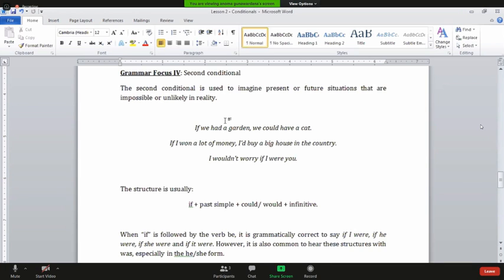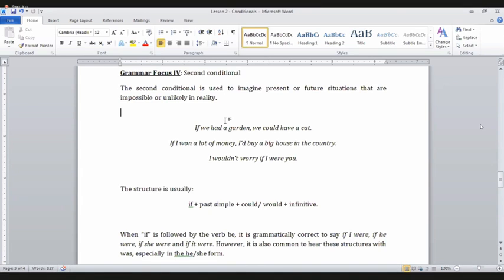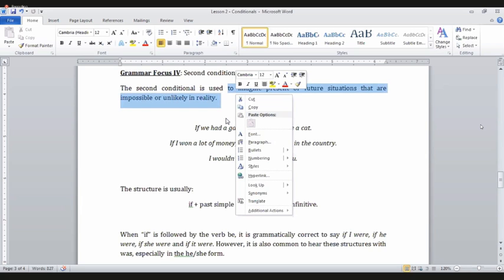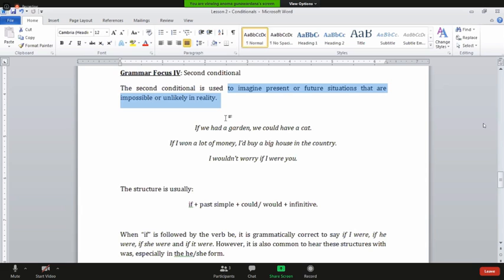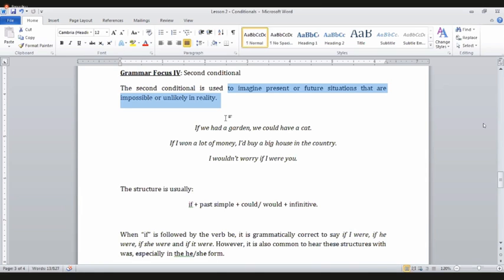Okay, so let me read it. The second conditional is used to imagine present or future situations that are impossible or unlikely in reality. So can you remember in first conditional we talked about future situations which are possible, which are likely to happen?